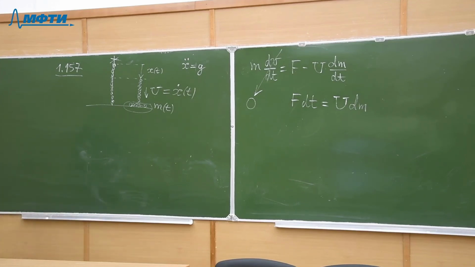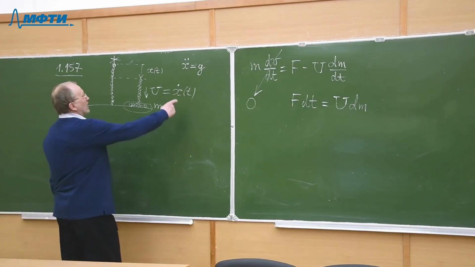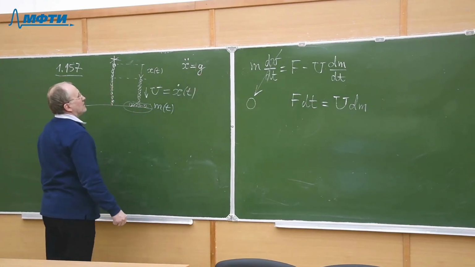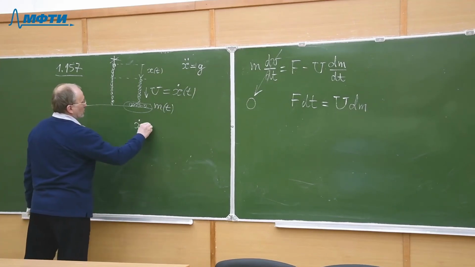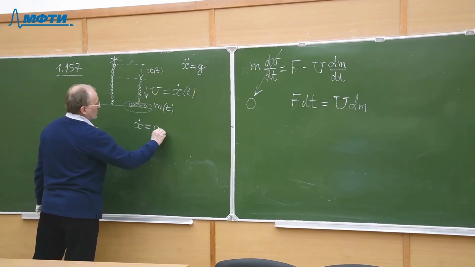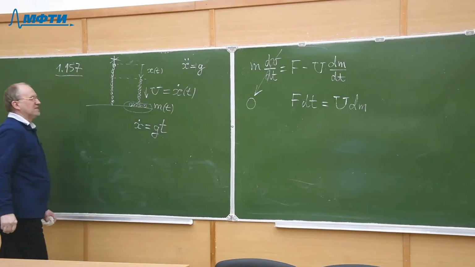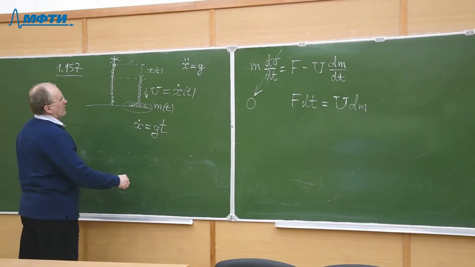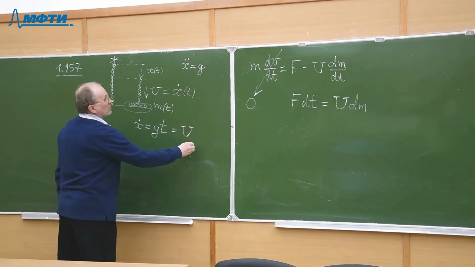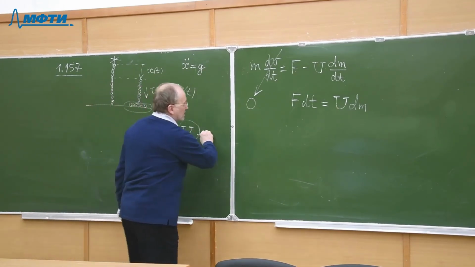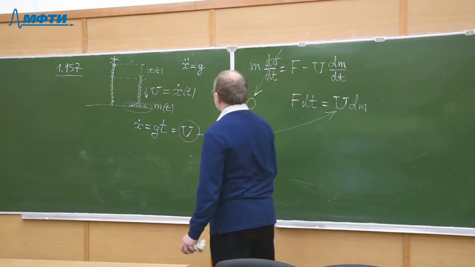So, if we know x double dot, then we know the velocity, which will be gt. And that will be the velocity u, which must be substituted here in this equation.